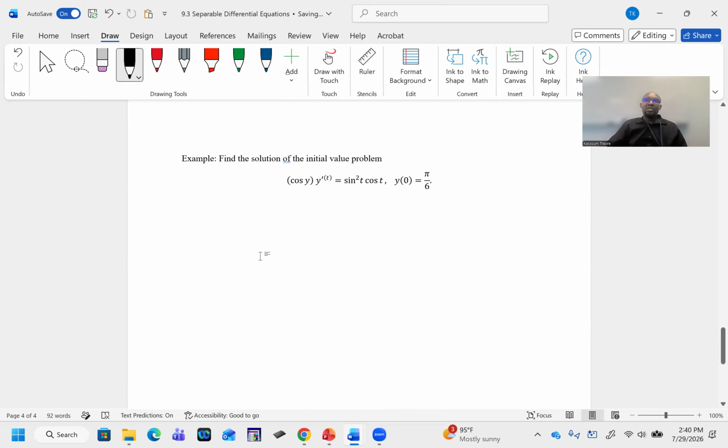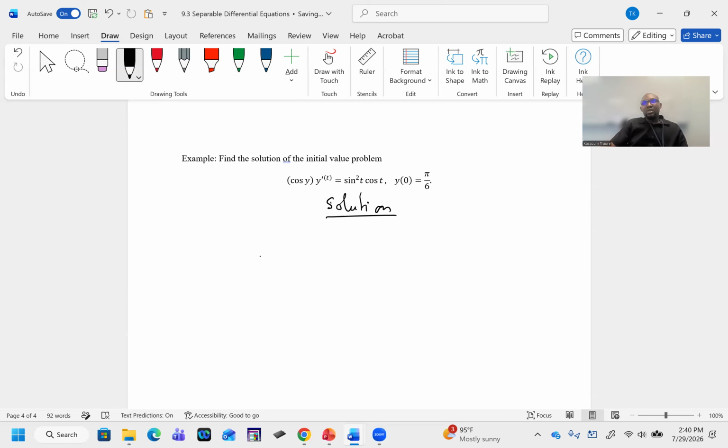Find the solution of the initial value problem, cosine of y times y prime of t is equal to sine square of t times cosine of t when y of 0 is equal to pi over 6. So again, solution.